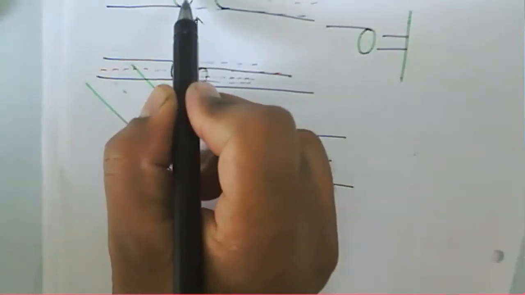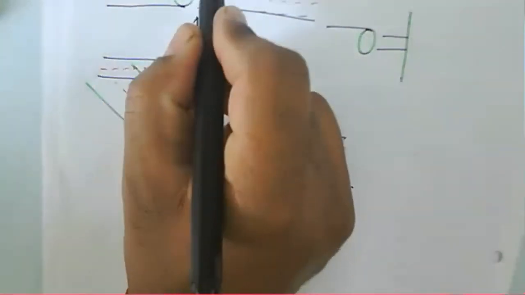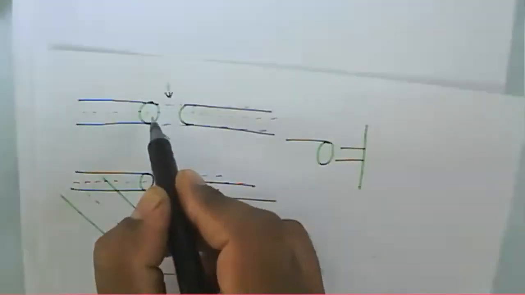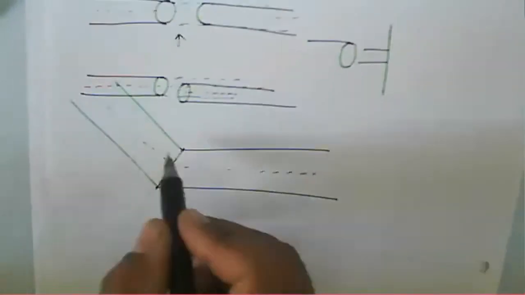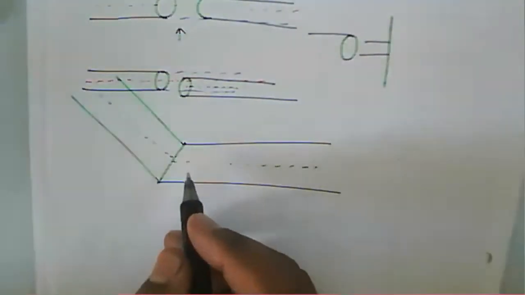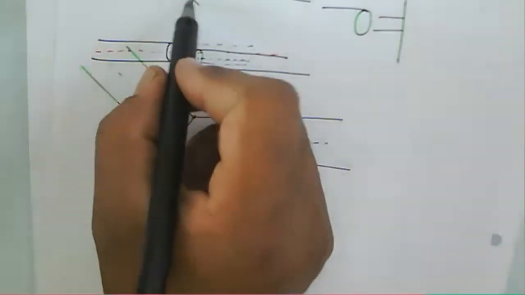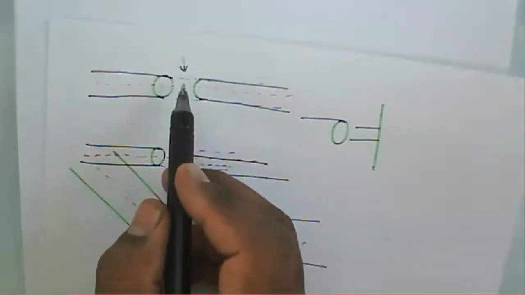When we connect the two fibers, if there is a separation between them, then the fibers could not join. If the axis is not matched, if the core axes make an angle, then that is called angular misalignment. This one is a longitudinal misalignment.